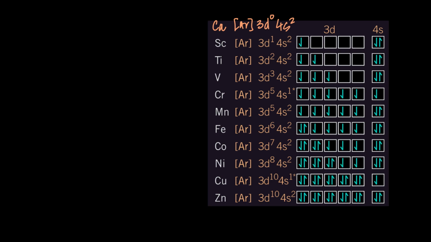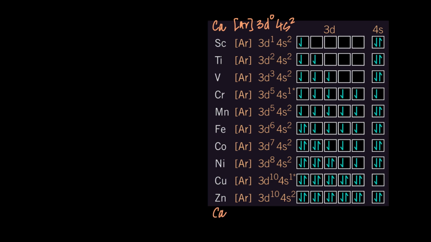They start pairing up. 3d8. Remember, initially they fill up individually and then they pair up. Then copper is supposed to be 3d9 4s2, but we found it to be 3d10 4s1, because the 4s electron has been promoted to the 3d to make that stable. And then zinc becomes 3d10 4s2 again. After zinc, I think the next element is gallium.